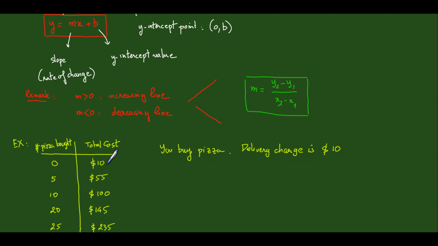It doesn't matter how many pizza you buy, the delivery charge is $10. And they also say that you have to pay $9 for each pizza. So the cost for a pizza is $9.